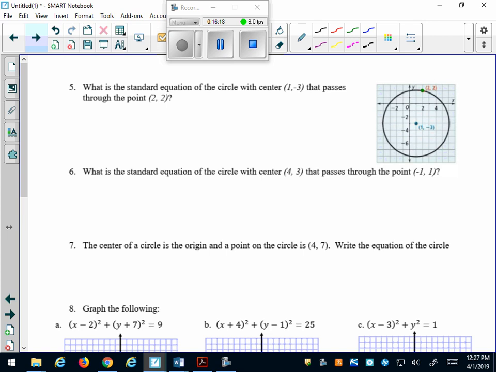Peter? You could absolutely do the distance formula from the center to the point, right? Using x1, y1, x2, y2, doing the distance formula, you could get the length of the radius. This is true. However, there's another way to do it.